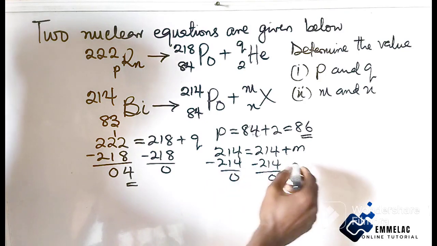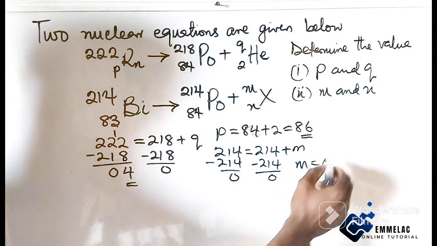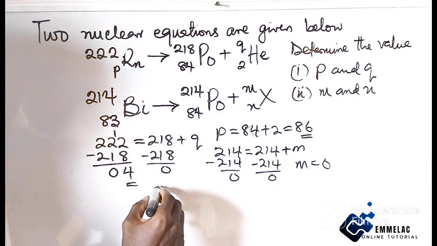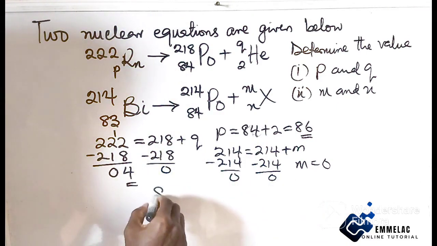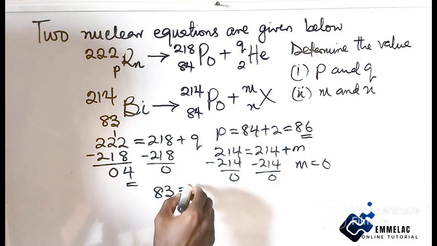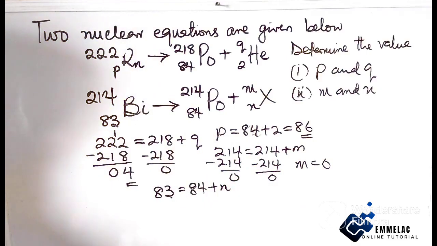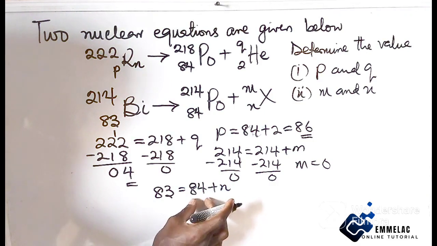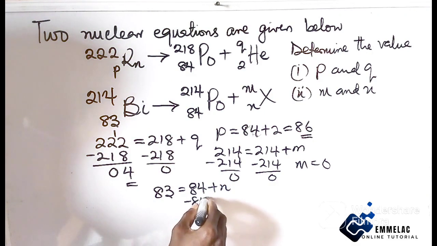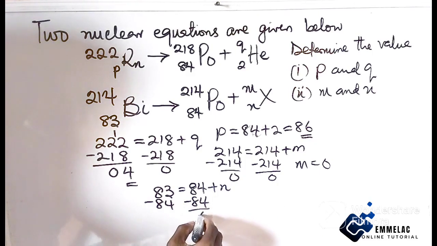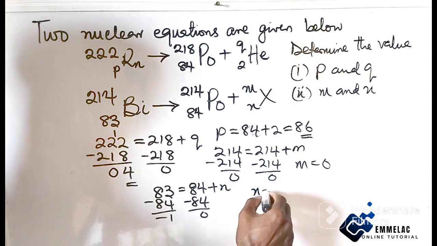So our M here equals 0. For this, we come over here and we can see 83 here equals 84 plus N. So what we need to do here is subtract 84 from both sides. 84 here minus 84 here. So here we have 0, and here we have minus 1. So our N equals minus 1.